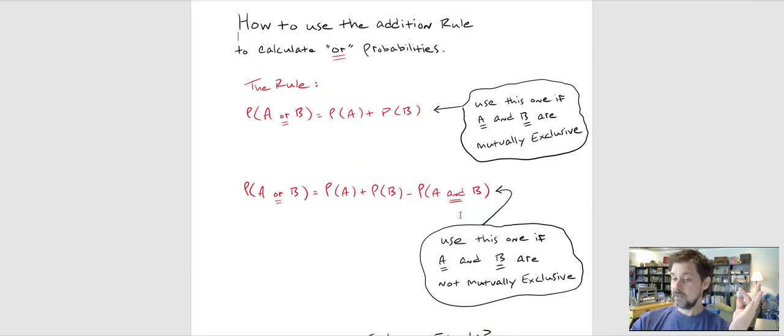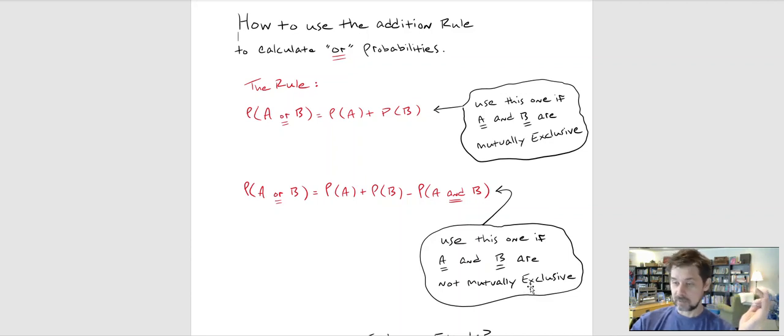But just say that here's one form of the rule that we would use to calculate an "or" probability. And then there's this other one that looks similar, but it's got this extra thing on it. It says the probability of A or B happening is the probability of A plus the probability of B minus the probability of A and B happening. And we would use the second equation if A and B are not mutually exclusive. At least in this video, I haven't mentioned what mutually exclusive means.